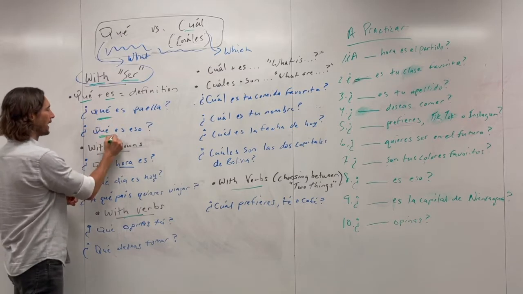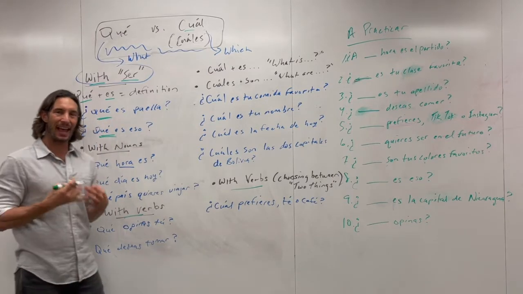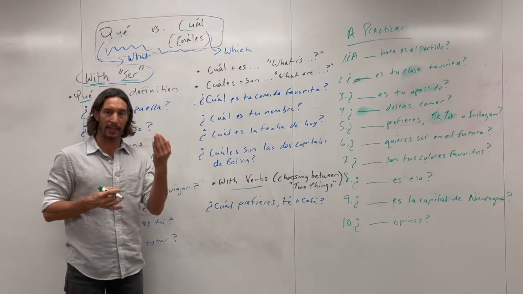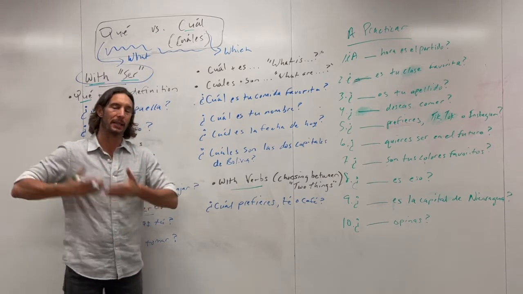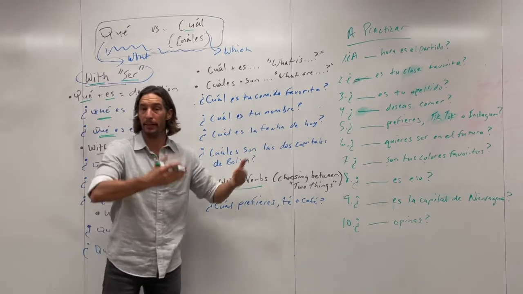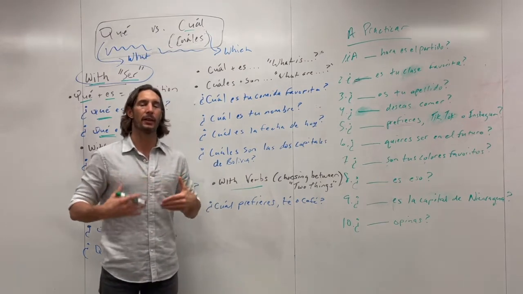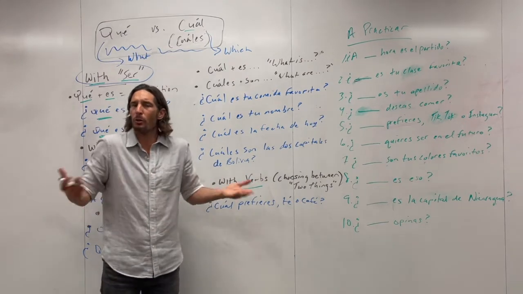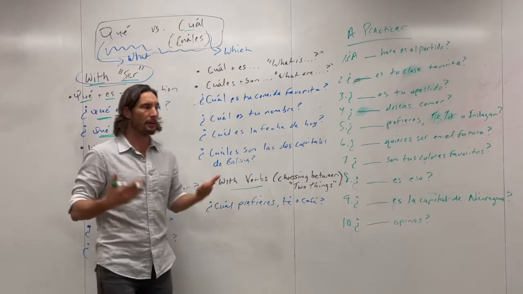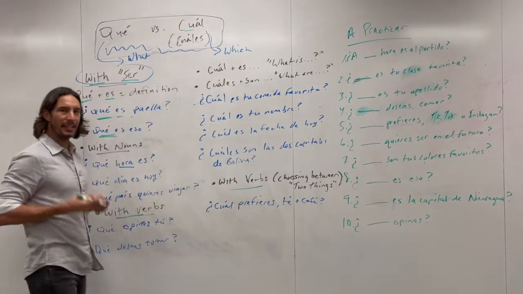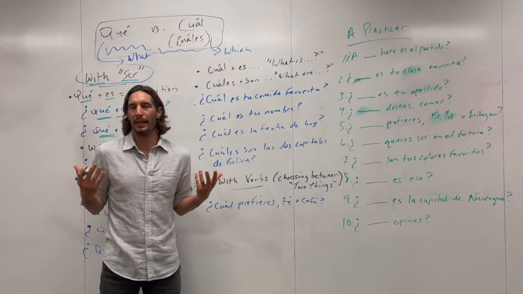But like I said, when you use que and es together, like que immediately followed by es, and then whatever it is you fill in there in Spanish, know that you're asking for a definition of something. In other words, you don't know what it is, and so you're saying, for example, ¿qué es paella? What is paella is what you're asking.